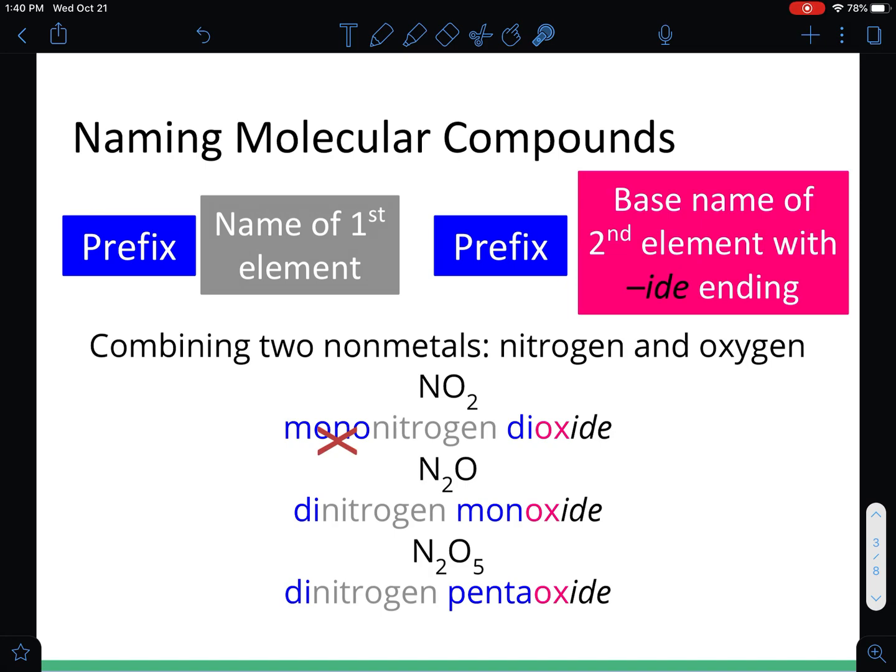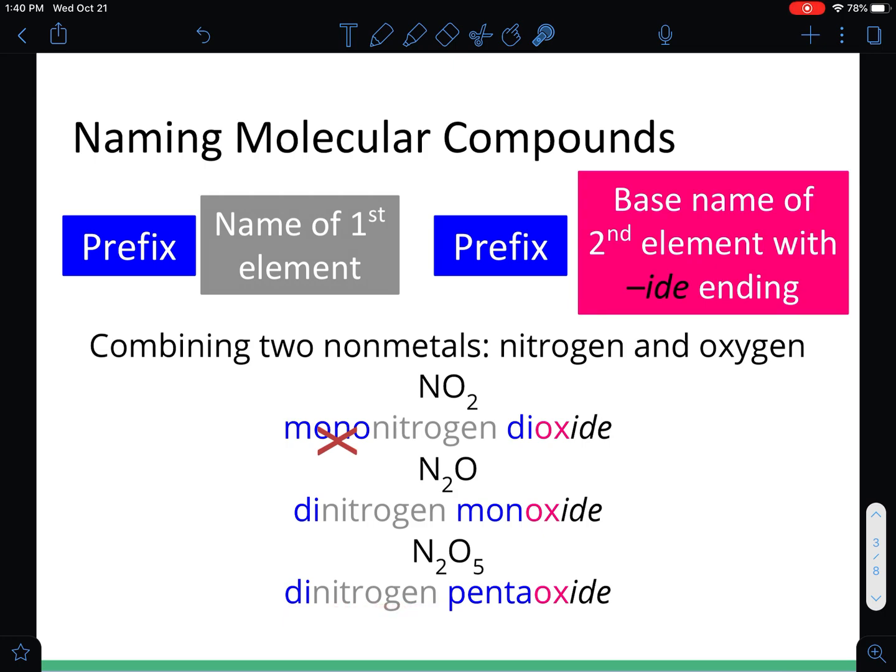So for example, we have three different compounds with nitrogen and oxygen. The first one, nitrogen dioxide. So we stated the name of the element, a prefix to tell us that there were two of them, and oxygen changed to oxide. Second one, dinitrogen monoxide: di-nitrogen to show that we have two nitrogens, mono meaning there's one oxygen, and oxide meaning oxygen with the IDE ending.